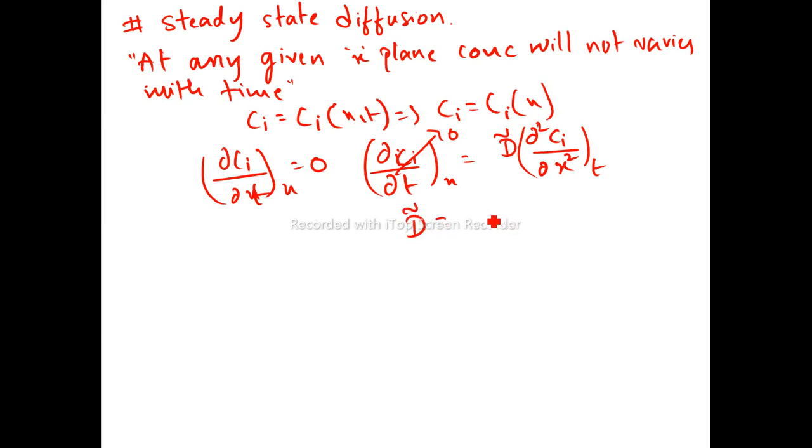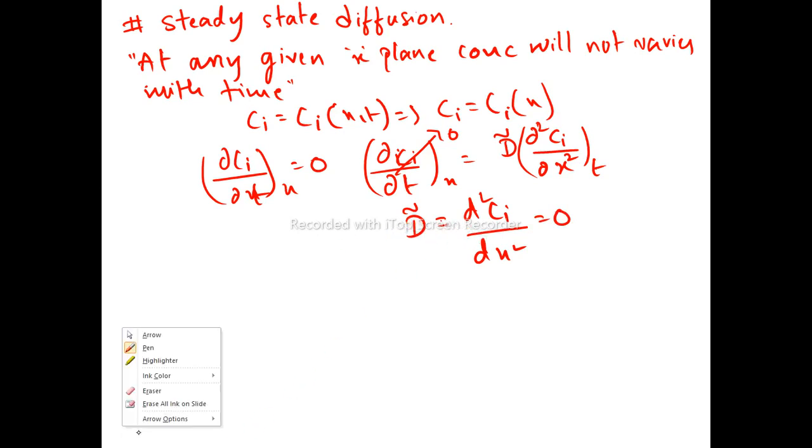D tilde multiplied by d squared ci by dx square equal to 0. Sorry, I have to write it as a multiplication sign here.